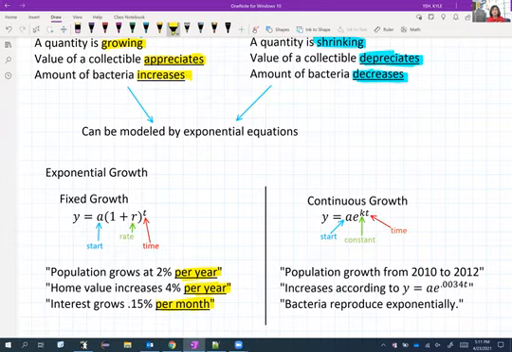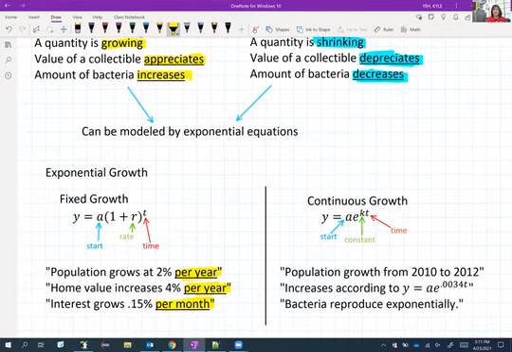So how do we know if something is continuous growth? Well, that means it's not growing just at one time per year. Population grows all the time, all throughout the year. If it just says population growth from 2010 to 2012, it doesn't say it grew by this much per year or per month, that's just continuous.